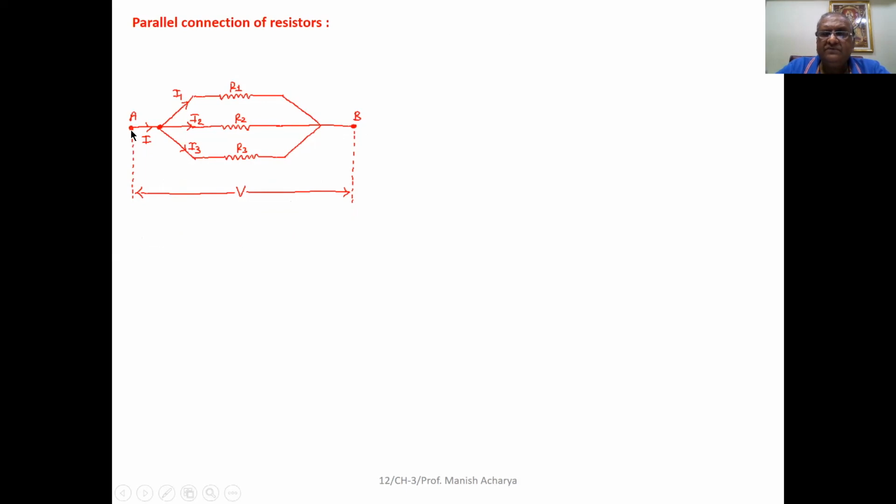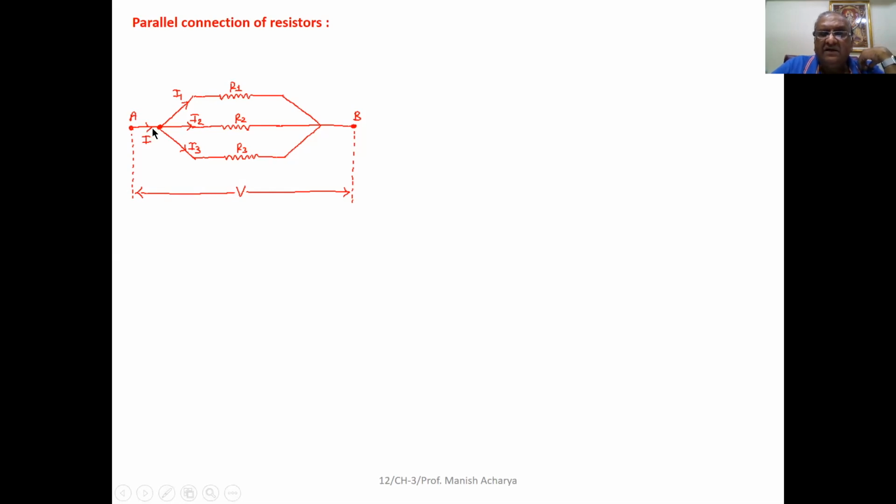Here suppose across these two terminals A and B, a potential difference of V volt is applied, or in other words, suppose between A and B a battery having V volt is connected, which constitutes current I in the circuit.